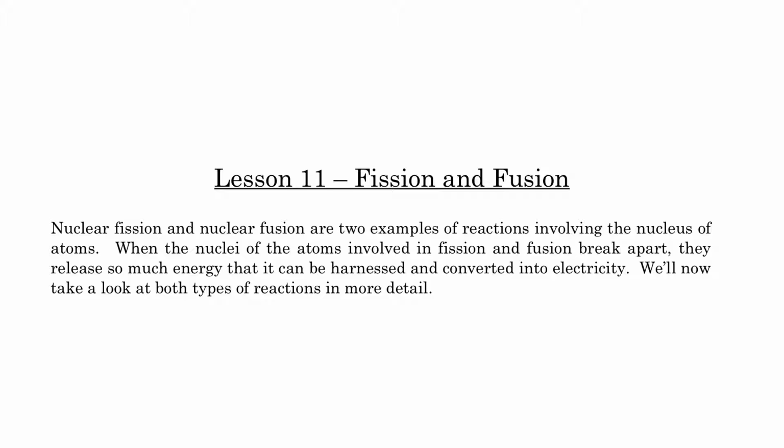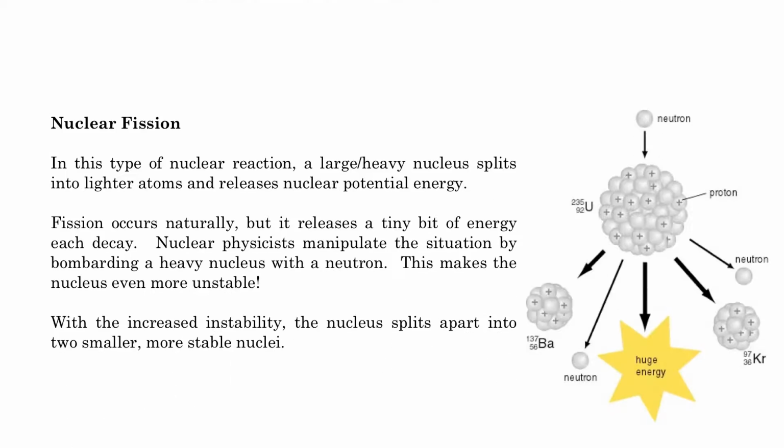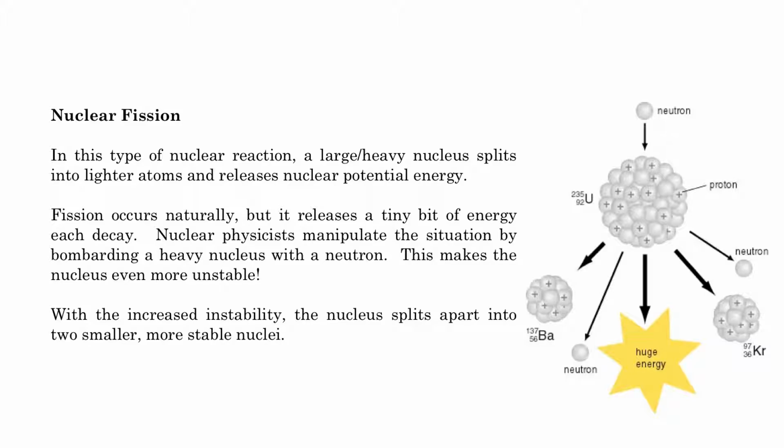Basically, these are the interesting procedures that fuel both atomic weapons and power generation in Ontario and really in the rest of the world as well. So we're going to take a look at some of these things today. We're going to look at fission first, and then from fission, we'll turn our attention to fusion a little bit later.